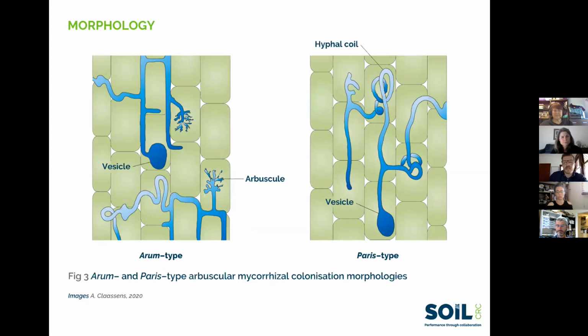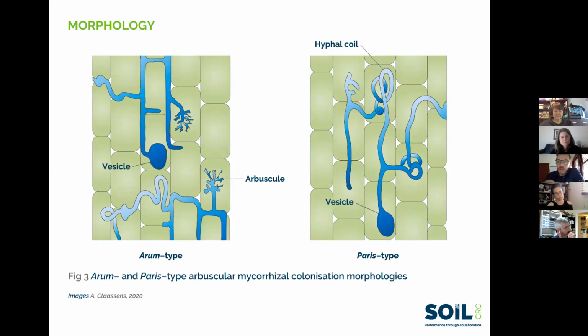Now, mycorrhizal symbiosis, probably the most studied symbiosis of the natural world, isn't one thing. It takes a number of forms, and it has a number of different dynamic definitions. The fungal symbiosis itself takes two major morphological forms. One is the Arum type and one is the Paris type. Arum type mycorrhizal symbioses form branched or tree-like structures called arbuscules.